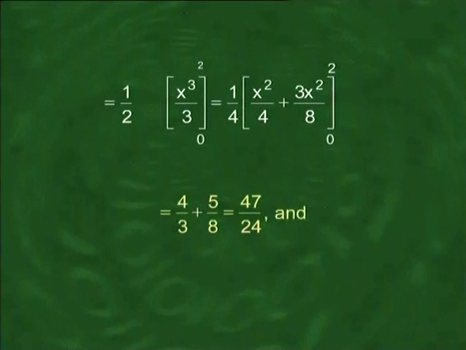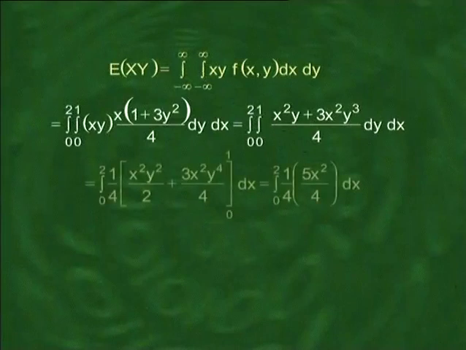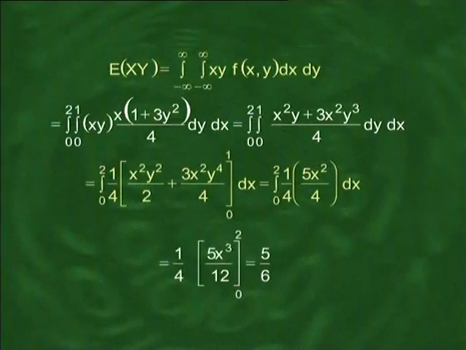Also, we are interested in the expected value of xy, and very similar to what we have just done for x plus y, in this case we have the formula double integral of xy into f of xy.